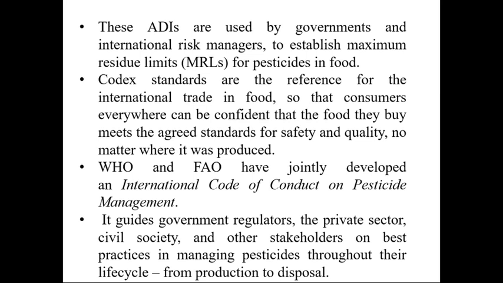WHO and FAO have developed the International Code of Conduct on Pesticide Management, and it guides the regulators, private sector, and civil stakeholders on the best practices in managing pesticides. So this is actually called a code of practice. So Codex Alimentarius has this code of practice.